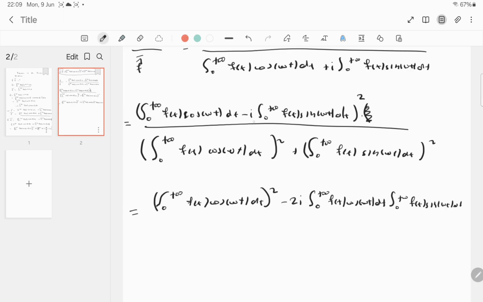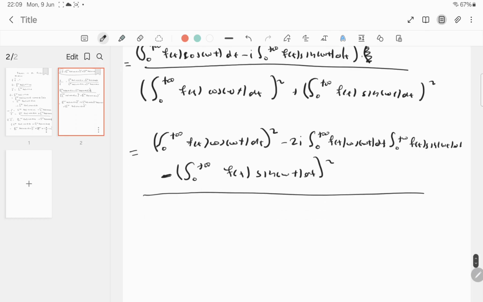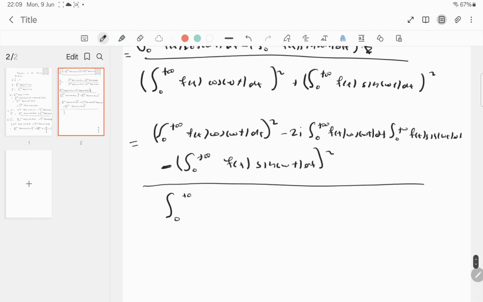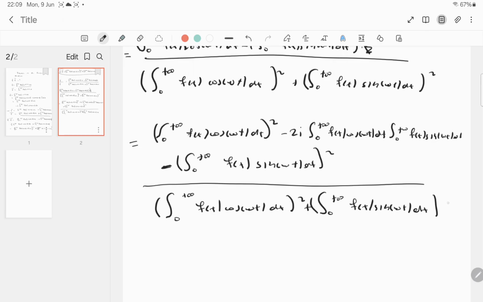So i squared gives a minus, the integral from 0 to infinity of f of t sine omega t dt squared, over the integral from 0 to infinity of f of t cos omega t dt squared plus the integral from 0 to infinity of f of t sine omega t dt squared.